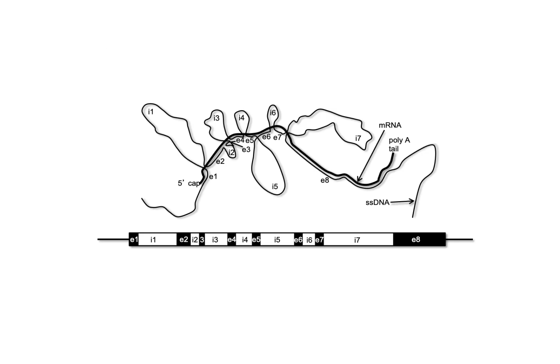Other evidence came from electron microscope data, and in this case, a technique called R-looping. DNA of a certain region was denatured and then allowed to hybridize to RNA for genes of the same region.